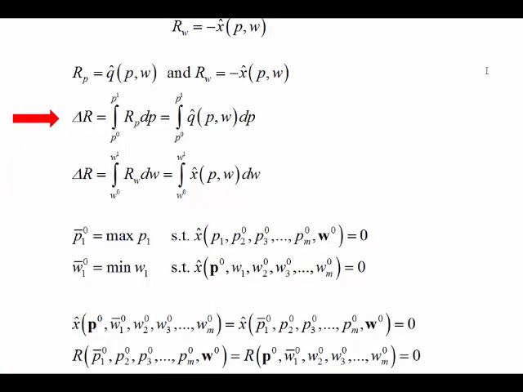Using the definition of a definite integral, a change in the quasi-rent can then be defined as the definite integral between a lower price P0 and an upper price P1 of the first derivative of the quasi-rent function with respect to P, which is just equal to an area underneath the supply function.